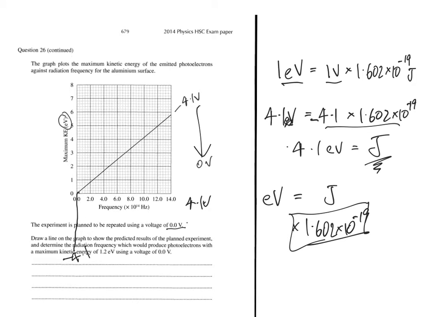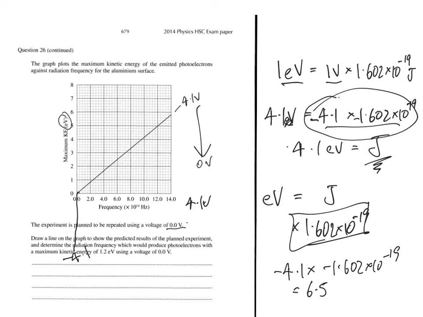And the charge on this electron, we're going to put as minus. So if we do this calculation, we get 4.1 times minus 1.602 times 10 to the minus 19, and it equals 6.56 times 10 to the minus 19 joules.